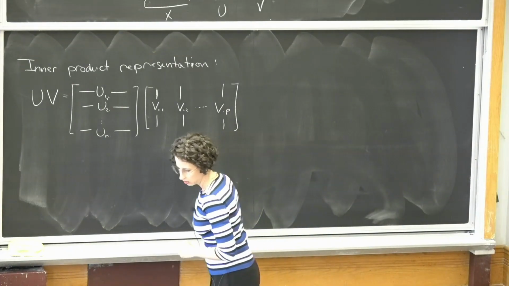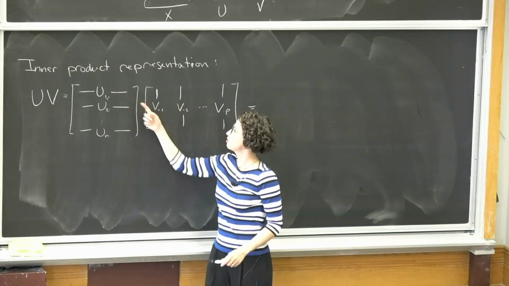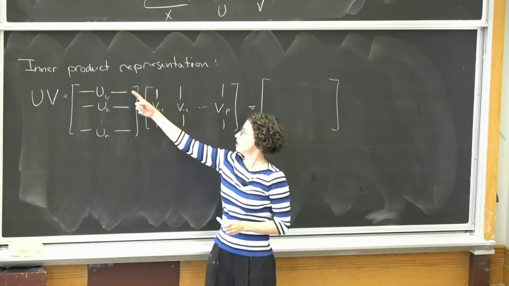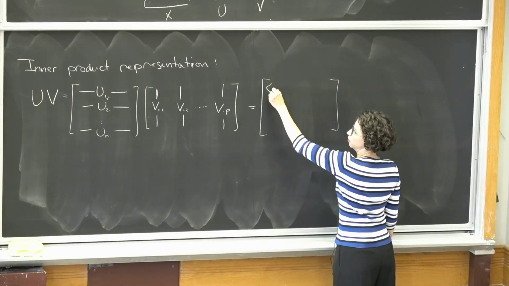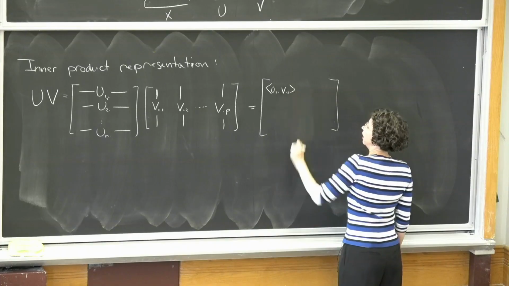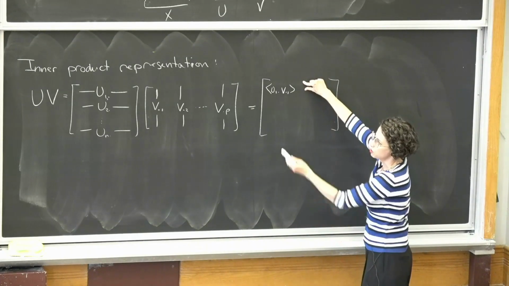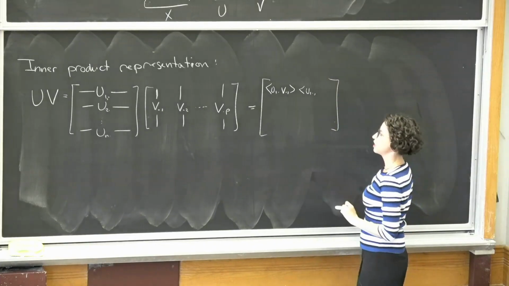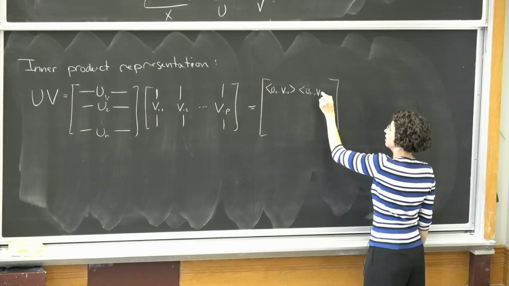And then when I compute the product, what I'm doing is I'm taking the inner product. So for the first top left entry, I'm taking the inner product of the first row and the first column. So I've got the inner product U1 dot with V dot 1. And then for the next entry, I'm in the top row, so I stay with the top row of U. So I have U1 dot again, and I'm taking the inner product of that with the second column of V, V dot 2.